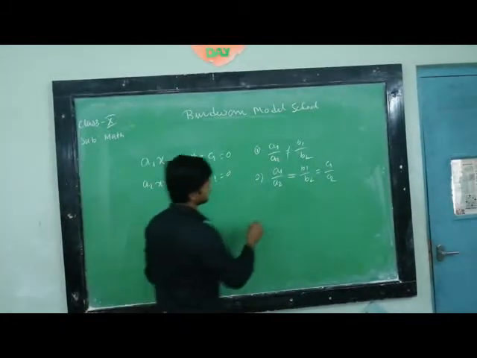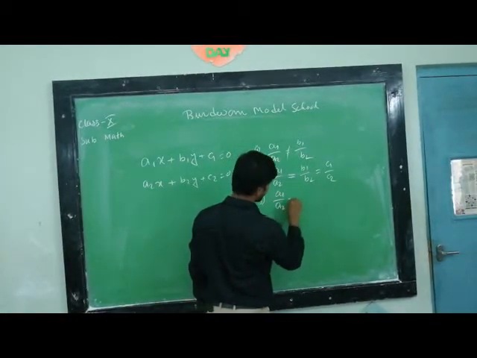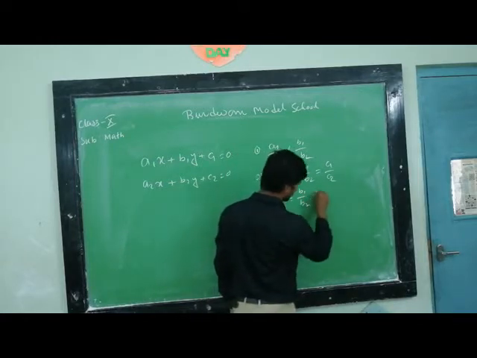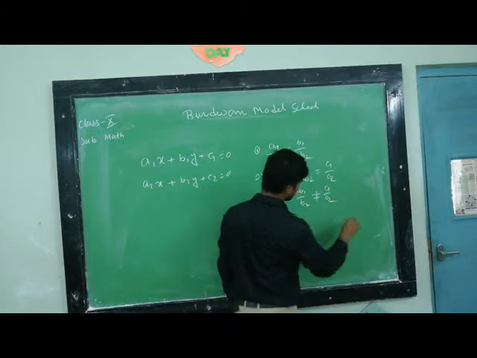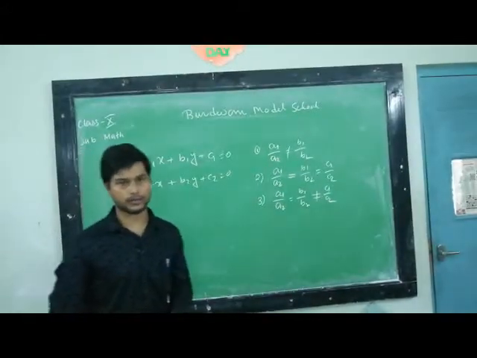And the third condition was if a1 by a2 is equal to b1 by b2 but not equal to c1 by c2, then the lines are parallel, meaning they have no solutions.